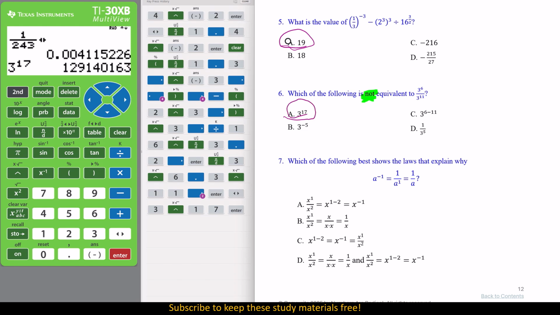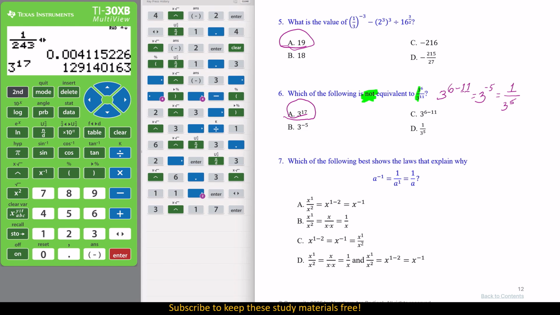And how do I know this? Well, if you know your properties of exponents and fractions, because the base is the same for my numerator and my denominator, this gives me permission to subtract the exponents: 3 to the 6 minus 11, which gives me negative 5, which equals 1 over 3 to the 5.